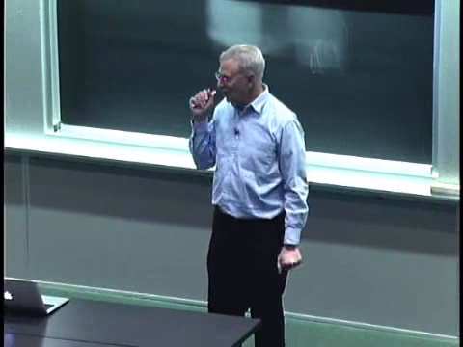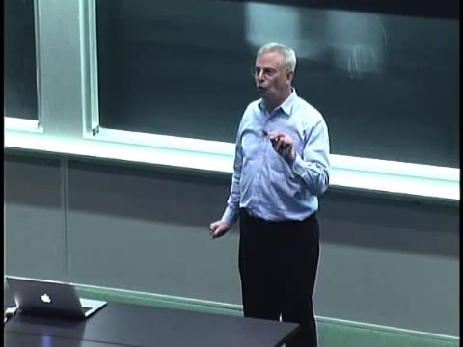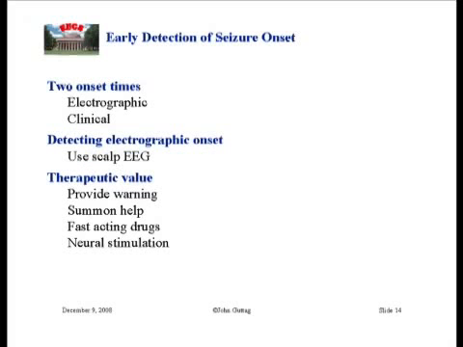Probably it went by too fast for any of you to notice, but if you'd looked carefully at the EEG on the left of that picture, you would have seen it going abnormal before she had any clinical symptoms. Because the symptoms are caused by the electrical activity in the brain, by definition, it precedes the symptoms, or at least doesn't follow them. So our idea was to try and detect the electrographic onset.